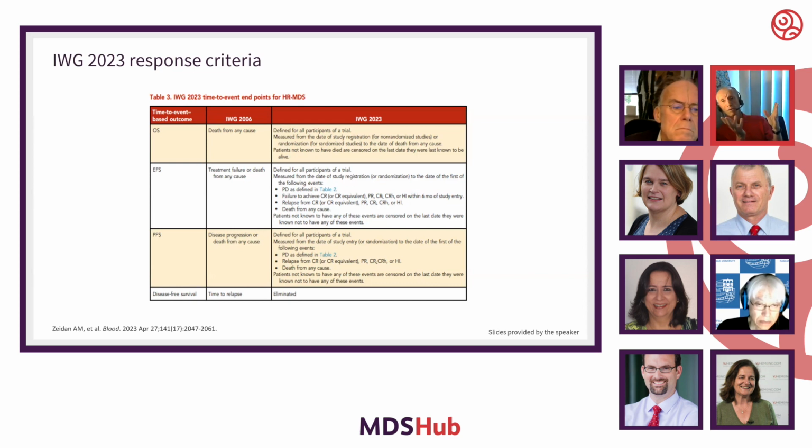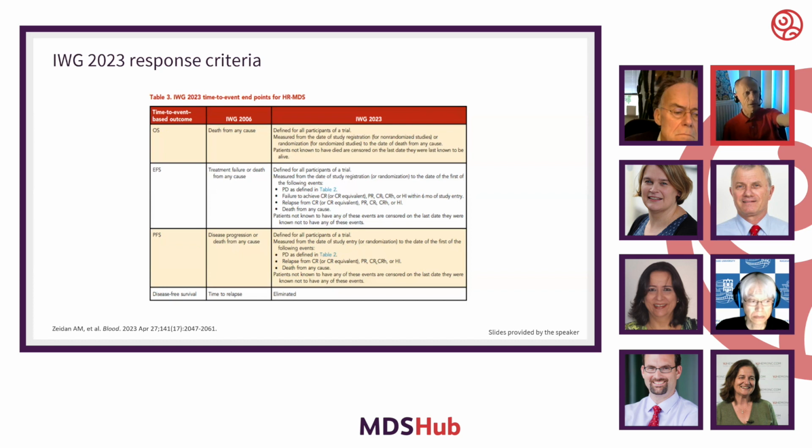And one of the reasons was that to be considered a CR, you needed to have a hemoglobin count greater than 11 grams. And that did not occur so much. So the CR rate increased from 25 to 50%. So this is the reason why a group has changed those response criteria.